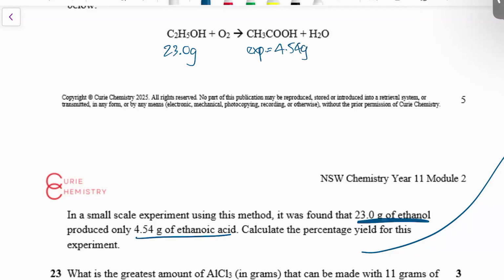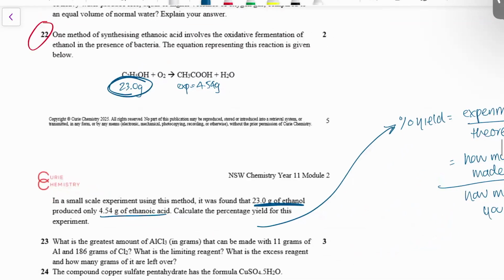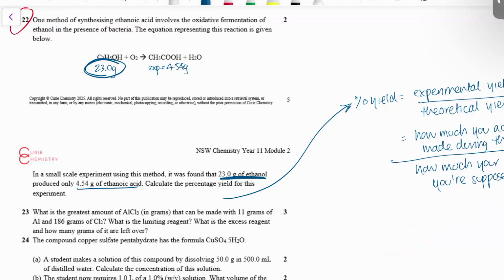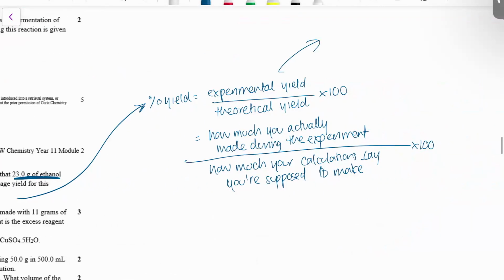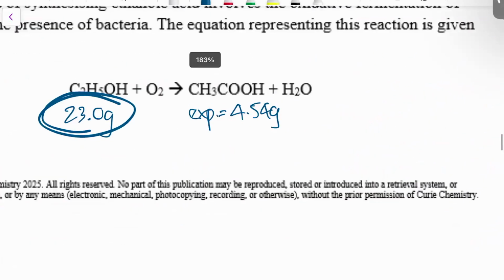I bet you when we do the stoichiometric calculation ourselves, you're going to get a bigger number than that. Let's check if that's true. They've given you the experimental amount in the question, that's the 4.54 grams. We're going to do our own stoichiometric calculation to figure out how much they were supposed to make.